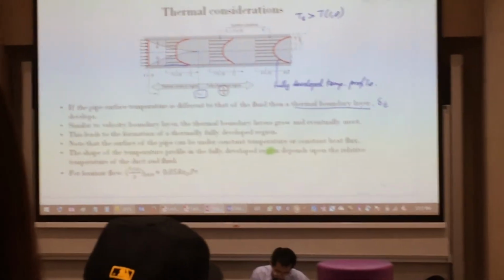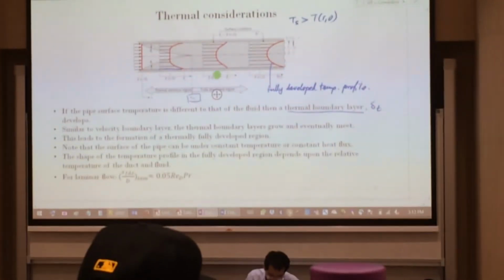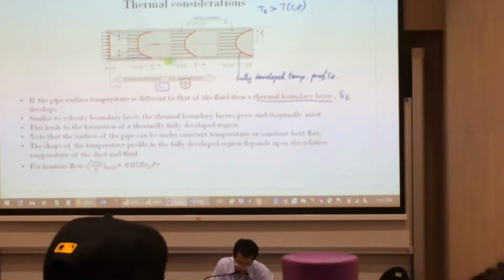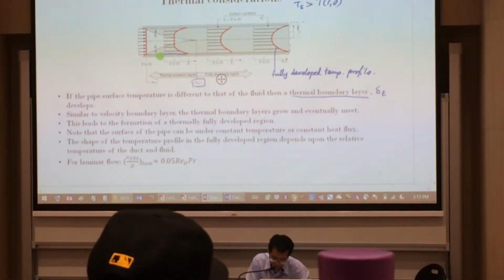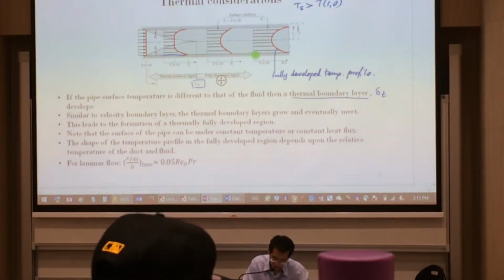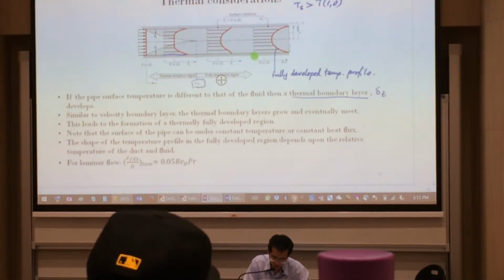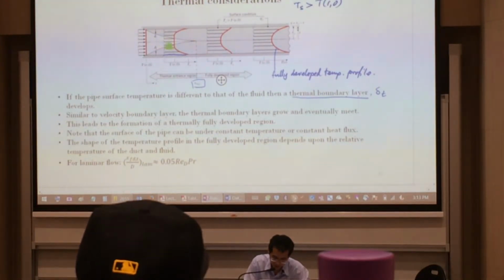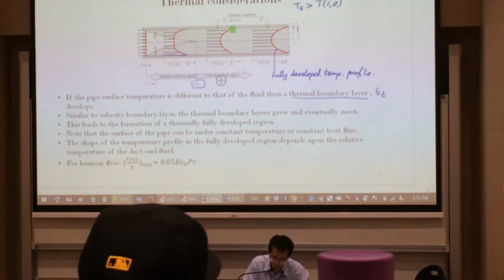Note that the surface of the pipe can be under constant temperature. Everywhere in the pipe, that surface is experiencing a constant temperature. If that constant temperature is higher than the core, that means heat is transferring into the fluid.